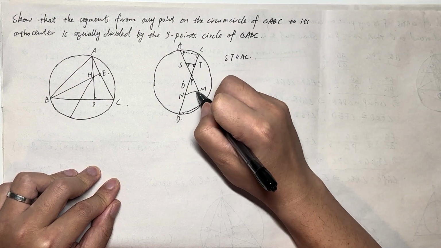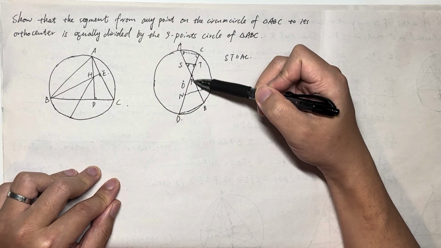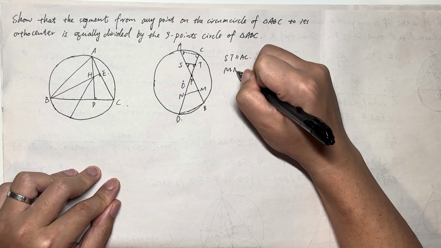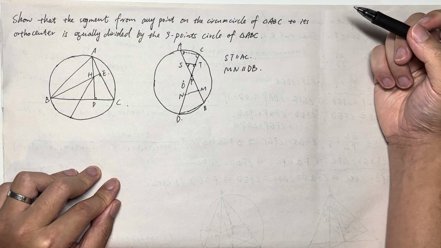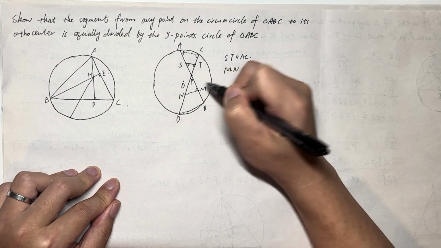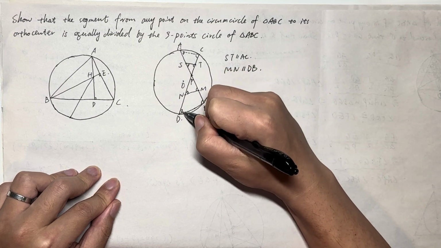Similarly, if we connect NM, because M, N are midpoints of PB and PD respectively, MN is parallel with DB, which means this angle equals this angle, and this angle equals this angle.